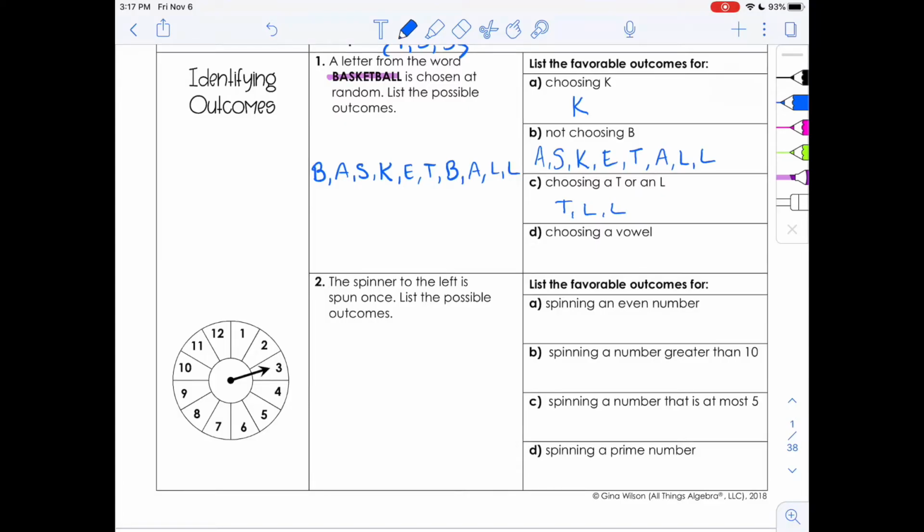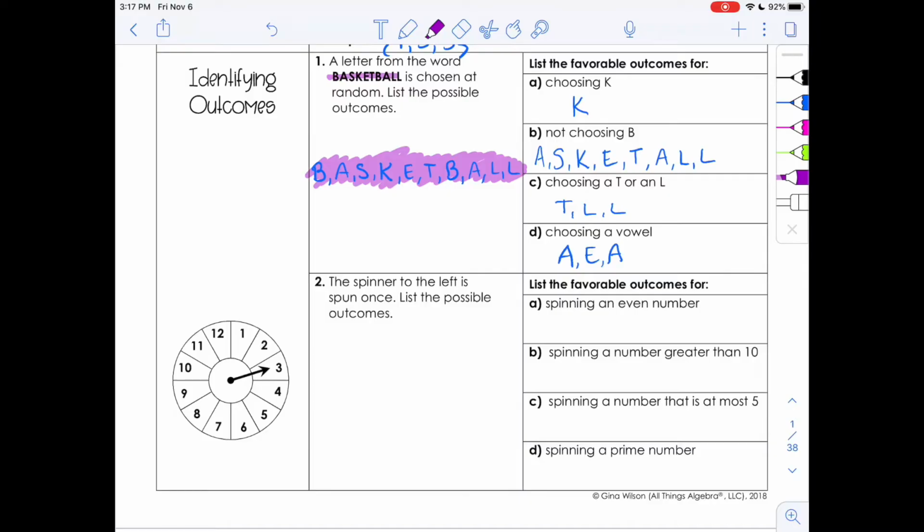So remember, our vowels are A, E, I, O, and U. So from the word basketball, our favorable outcomes for choosing a vowel would be A, E, and our second A. So remember, for all of these favorable outcomes, we are using all of our possible outcomes from the word basketball over here on the left.